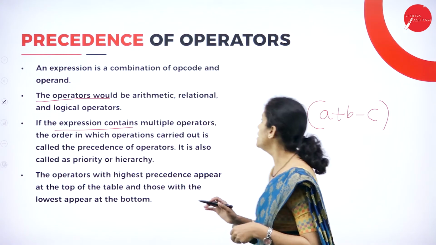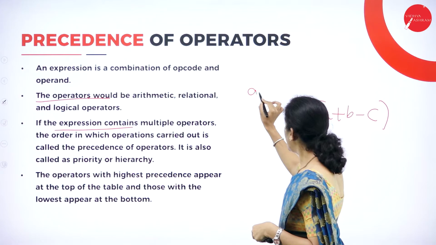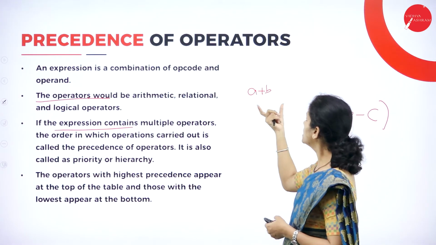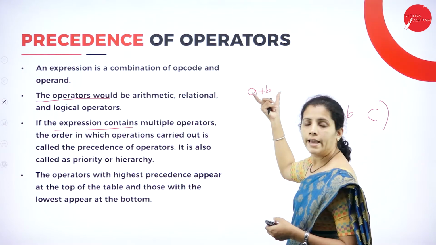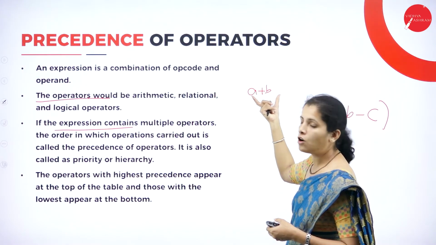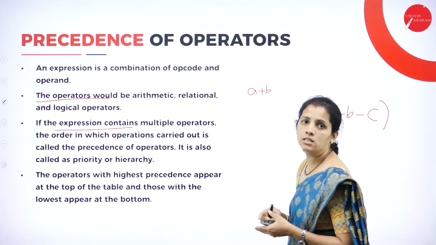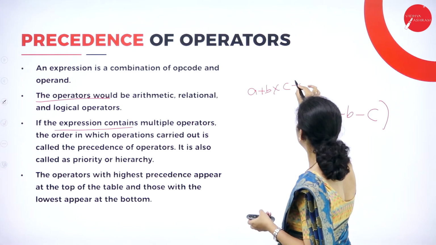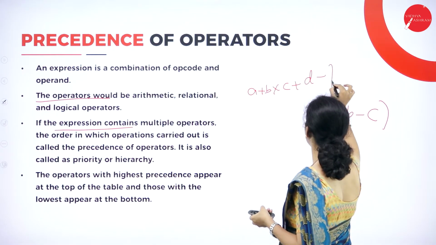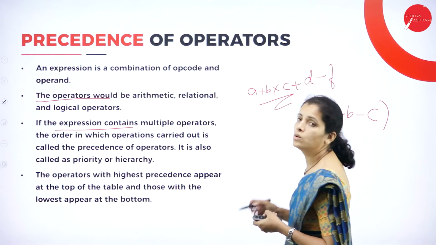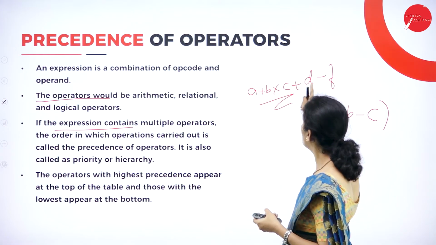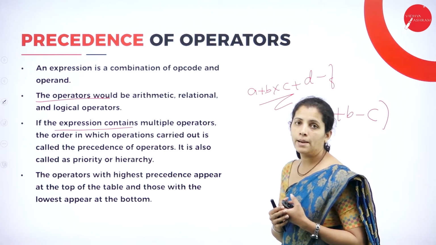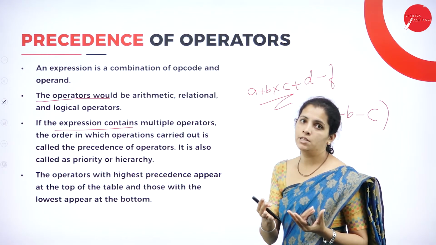For example, if I have A plus B, then I can directly perform the expression evaluation. But if I have a longer expression like this, then I want to consider the precedence of the operators. Simply, I cannot evaluate the expression.